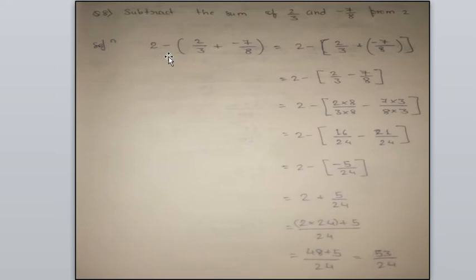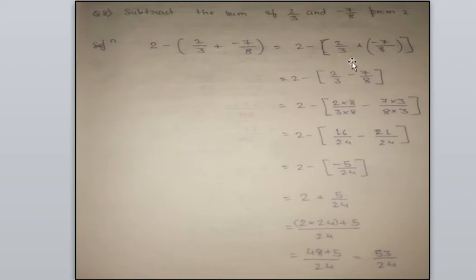So that equals 2 minus 2 by 3 plus, as here it is given minus and plus, so we will write this rational number in the bracket, that is minus 7 by 8. Now here notice that this plus and minus sign are in the form of multiplication. So first we will multiply this sign, and we know that plus minus will be minus. So that is 2 minus 2 by 3 minus 7 by 8.